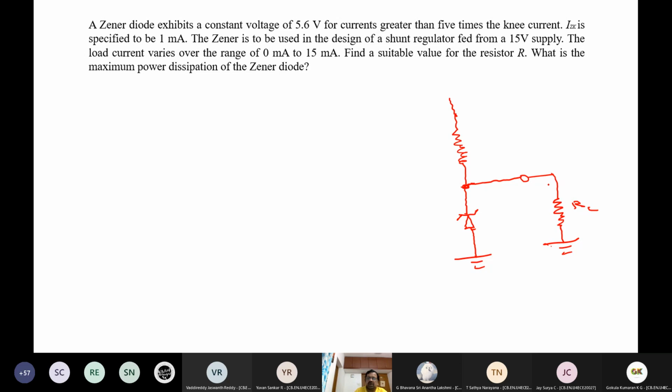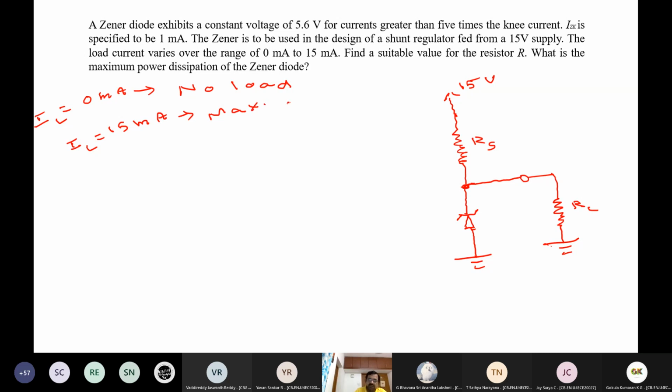A simple design of a shunt regulator, with RL, RS, and this is 15 volt. This fellow can take current from 0 milliampere. IL equal to 0 milliampere corresponds to no load. IL equal to 15 milliampere corresponds to the maximum.